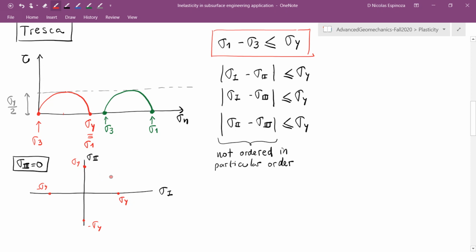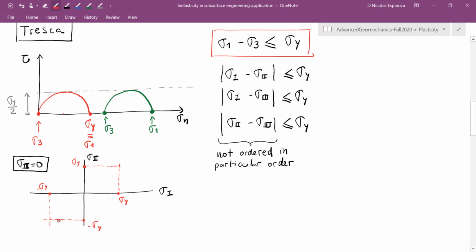So what that means is that here I could have this stress sigma 1 go all the way to sigma y as long as sigma 2 is positive. And it's the same with sigma 1. If it's different than 0, but it is less than sigma y, as long as it is positive, I could go up to the value of sigma y. And I could also repeat that logic for going in the opposite sense of the stress.